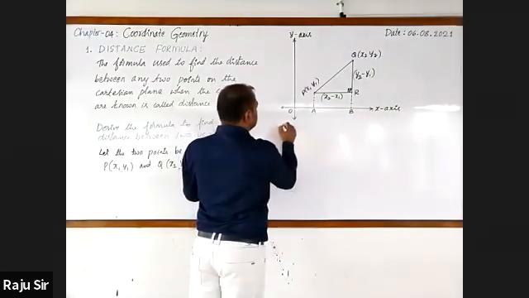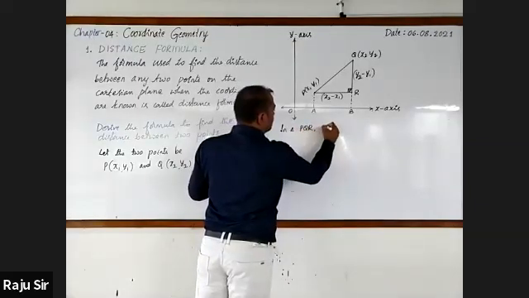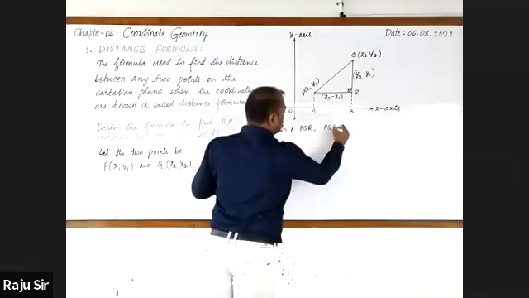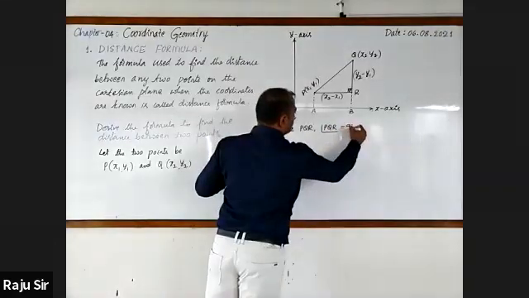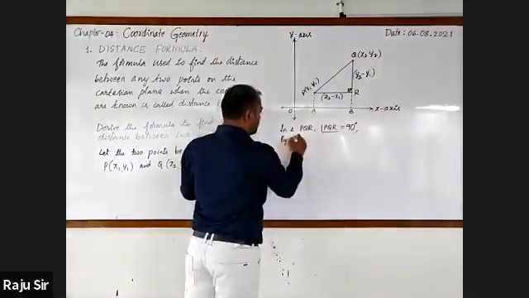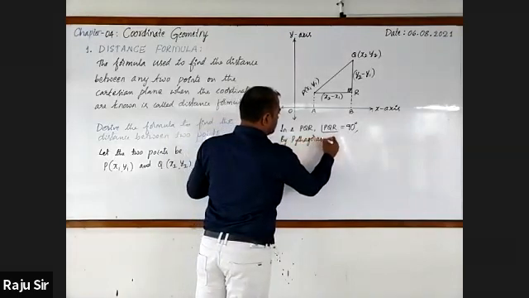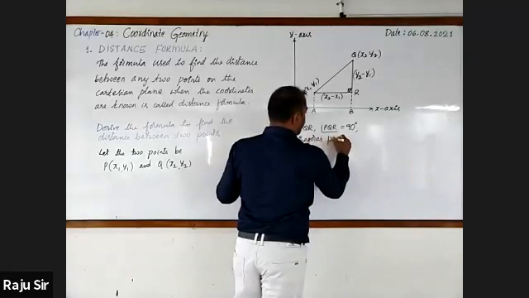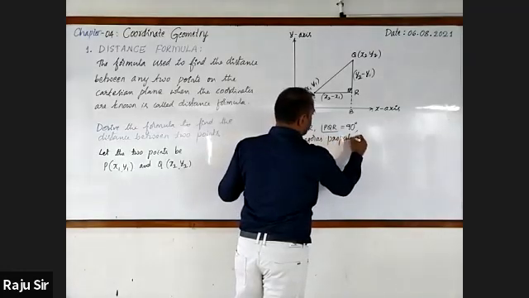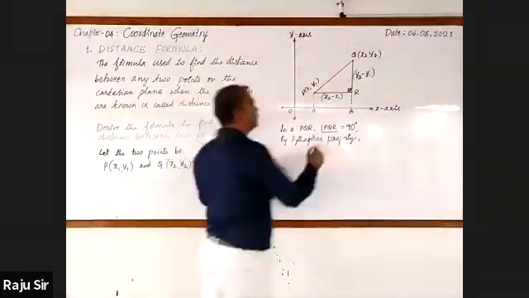Now you write: in triangle PQR, angle PRQ is equal to 90 degrees.